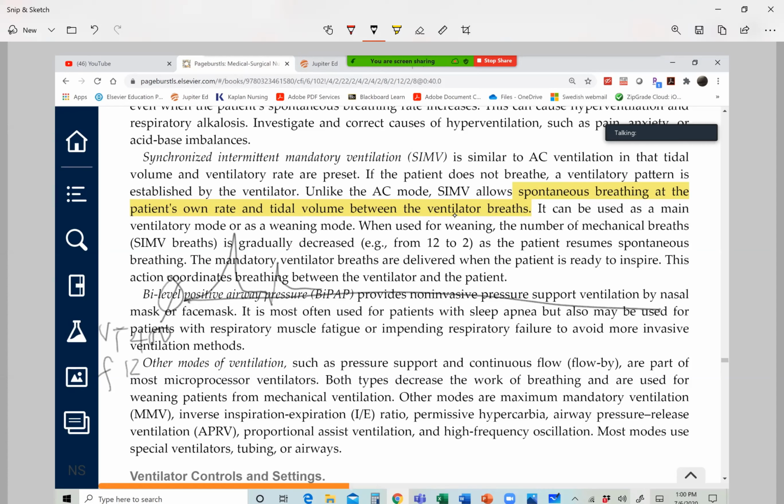Because if the patient gets worse, are they ready to be taken off assist control? No. So let's say the patient goes into respiratory acidosis. That means the patient is taking less breaths.